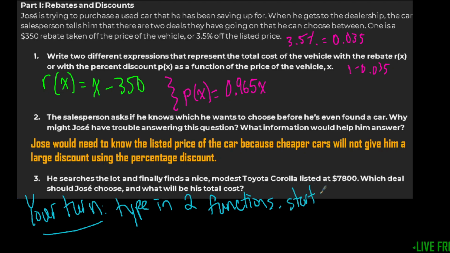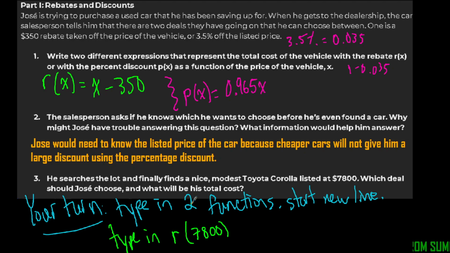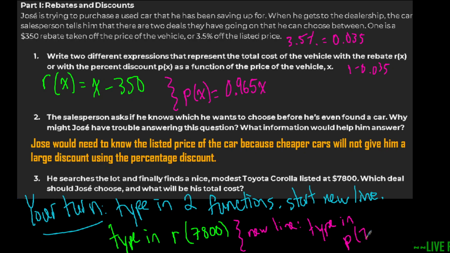Start a new line. And what we're going to do is type in for R of x, we would say R of 7,800 and find out what that is, and then a new line, type in P of 7,800.